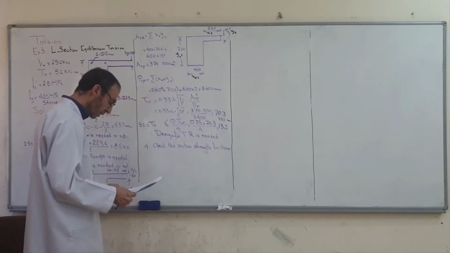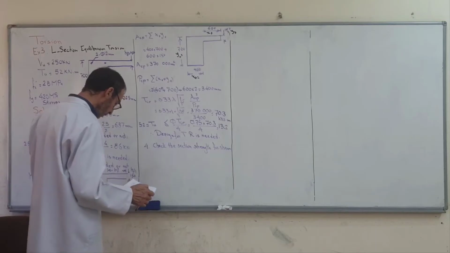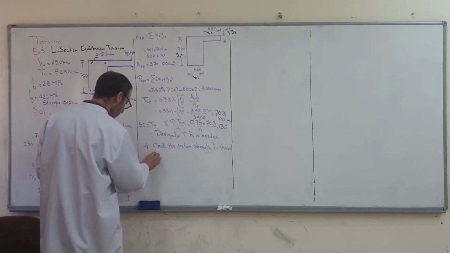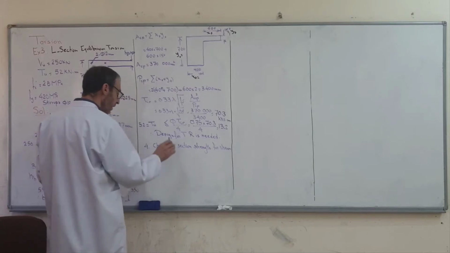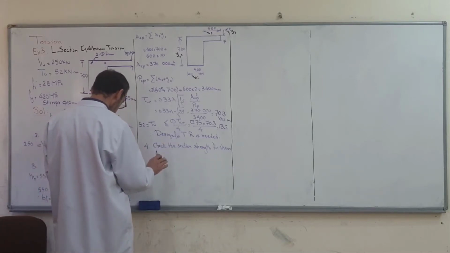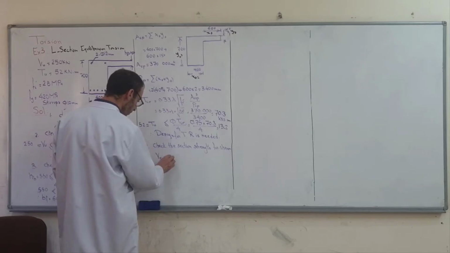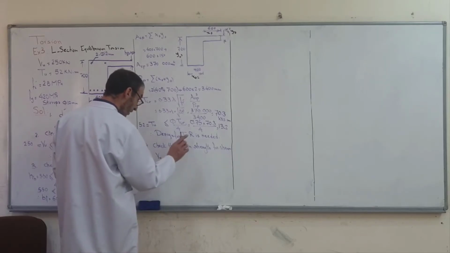I check the section stress for shear. It is similar to the previous example. We found Vu, and we found Vs is equal to 103.9 kilonewtons, exactly the same as example number 1.